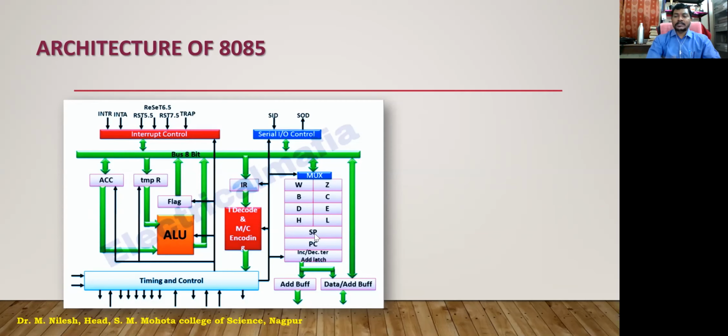So we call them a stack. We can stack this data one by one, and during the other operations we perform those operations, and then we can again take that data back to those registers. That memory location address is being kept by this stack pointer. So this is called SP.